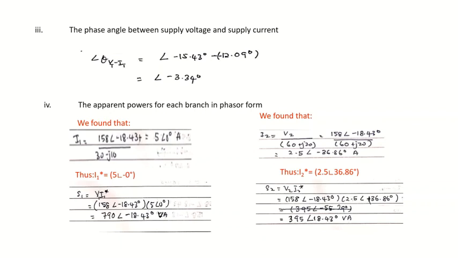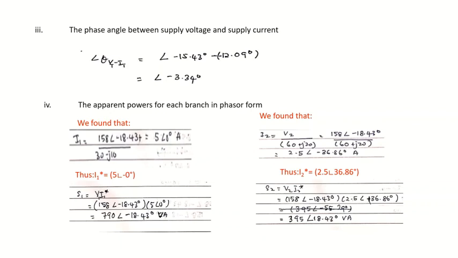So the apparent power for each branch, we want to calculate the apparent power for each branch in phasor form. So we know that your I1, from the calculated value, is 5 with 0 degree ampere. In order to find the apparent power, the formula used is S1 is V1 times I1 conjugate.